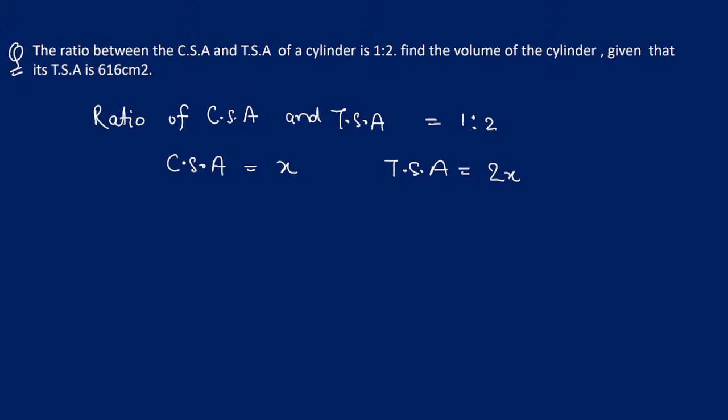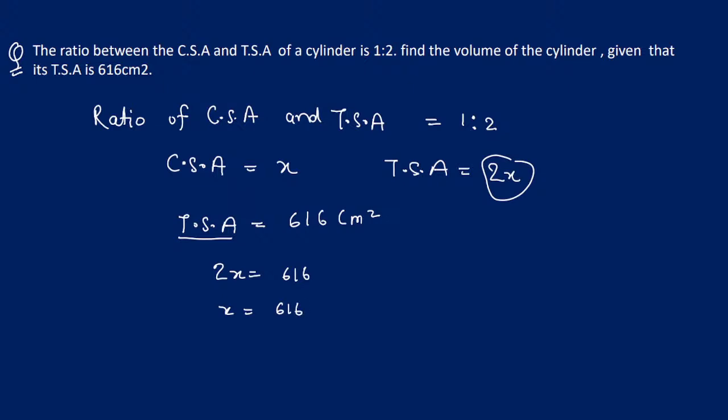Find the volume of the cylinder, given that the total surface area is 616 centimeter square. If the total surface area equals 616 centimeter square, then what is the total surface area? The total surface area is 2x. Here 2x equals 616, x equals 616 by 2.